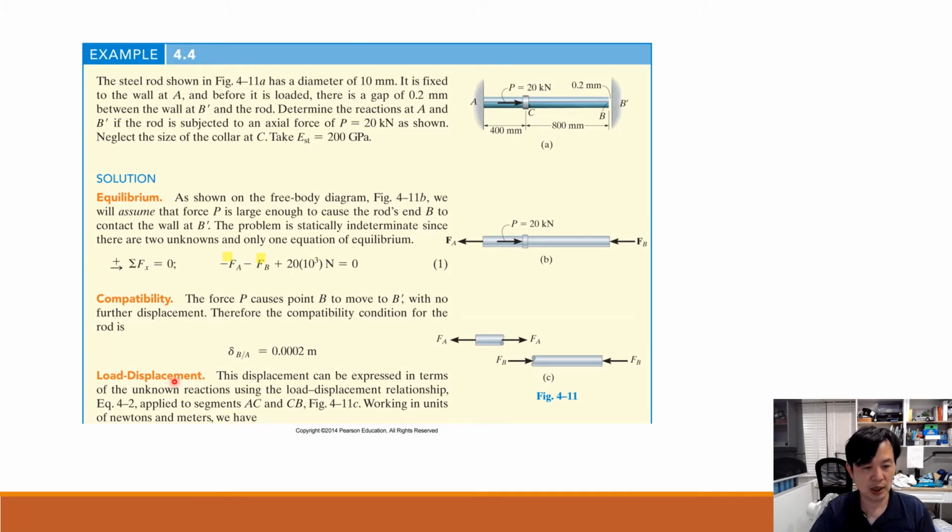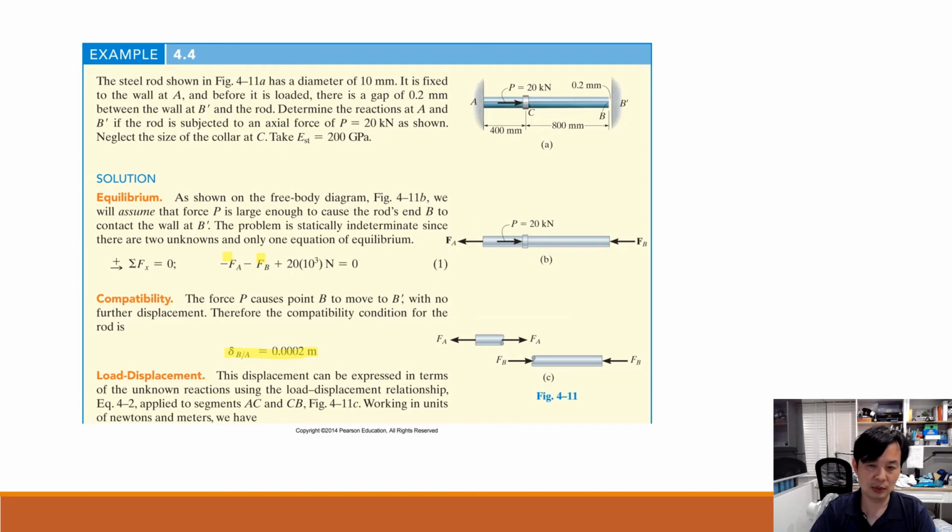The additional condition comes from compatibility. In this case, we assume the rod will finally contact point B prime. So we know that the movement of point B must be 0.2 millimeter. If you put this result over here, delta B over A won't be 0. It should be 0.0002 meter.